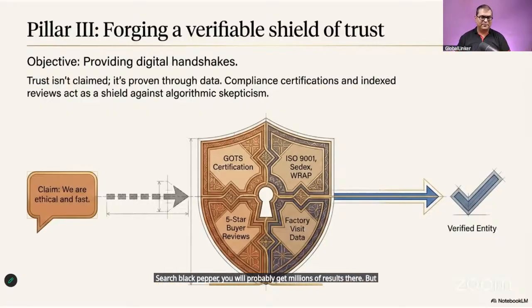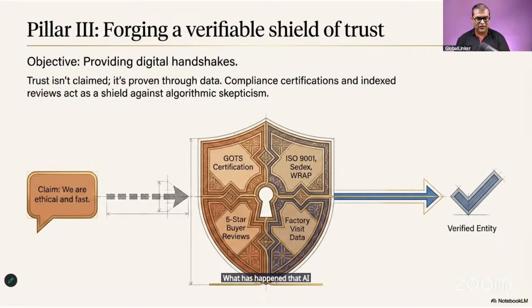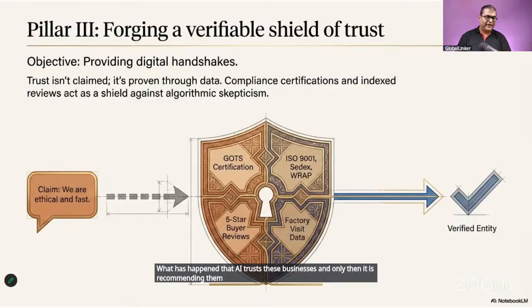But if you go to AI and ask for a supplier for black pepper from XYZ state or a supplier of black pepper from India, you will not get more than 20, 30 results there. 1 million, 20, 30, that is a huge difference. What has happened is that AI trusts these businesses and only then is it recommending them. So that's where you have to make AI trust you. How do you do that? How do you make AI trust you?